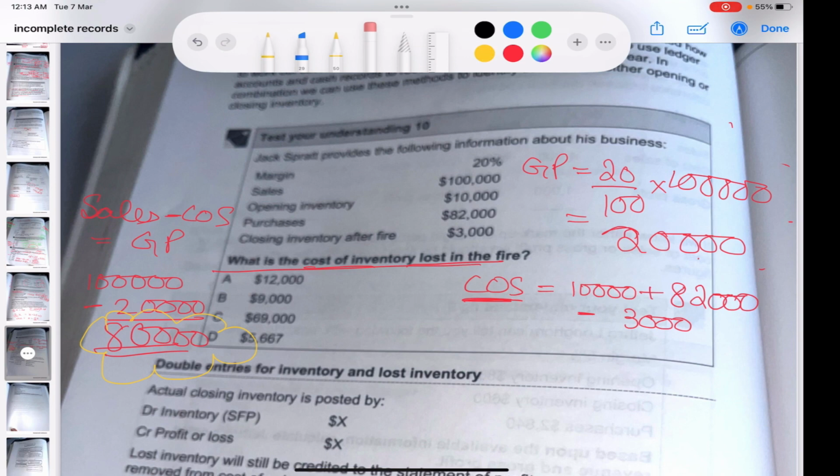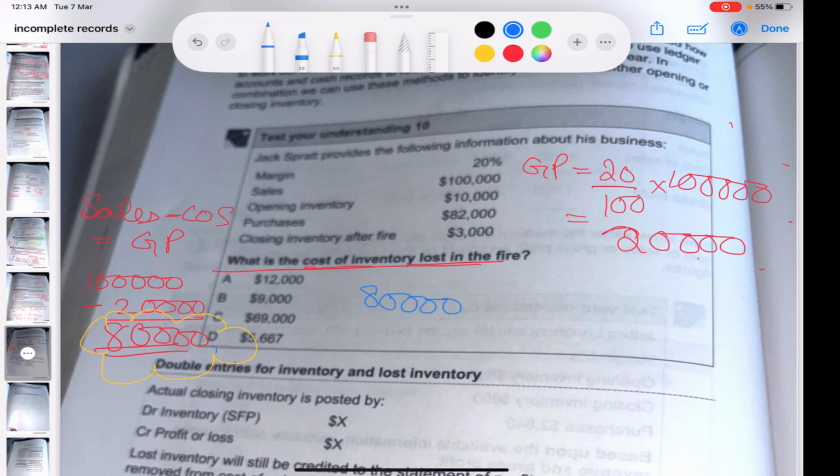Okay. Now what are we supposed to do? 80,000 is the cost of sales. Cost of sales is equal to opening stock plus net purchases minus loss by fire minus closing stock.